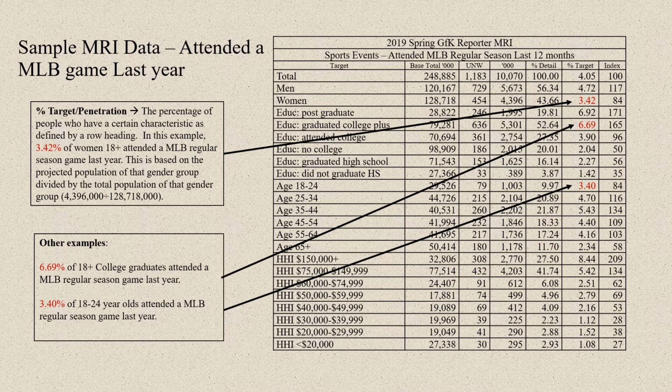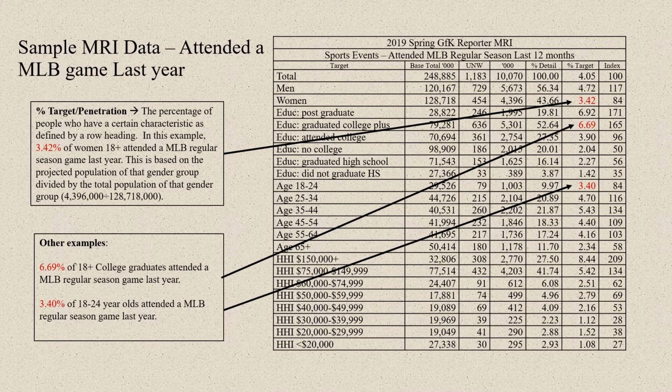Some other examples here: for instance, for people with a postgraduate degree or more, 6.69% of 18 plus college graduates attended a Major League Baseball game last year.